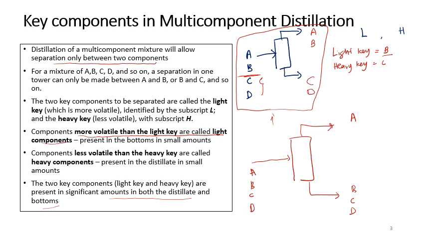Or it could be that you want a split between ABC and D. So C is your light key and D is your heavy key, and you have mostly ABC at the top and mostly D at the bottom. This could be one of the arrangements. So if you have the four components A, B, C, D, you have several different arrangements of how you want to split the components in a multi-component distillation.